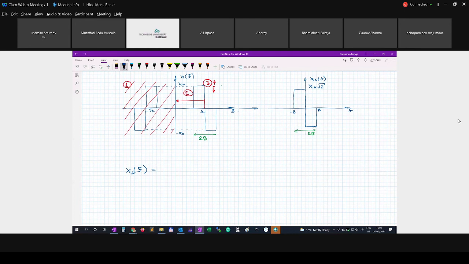Can you name these two rectangular functions? Yes, you're right. Now we have two rectangular pulses, but please name explicitly these two rectangular pulses. X naught, we should also put square root of 2 times rectangular.